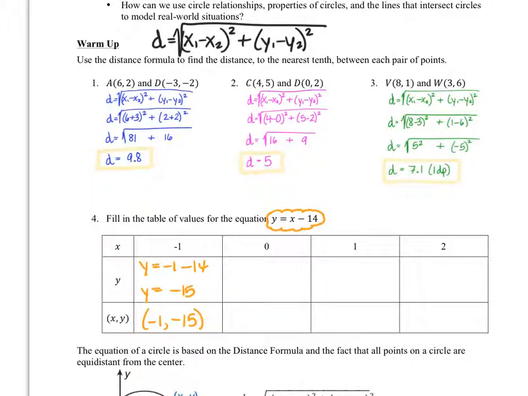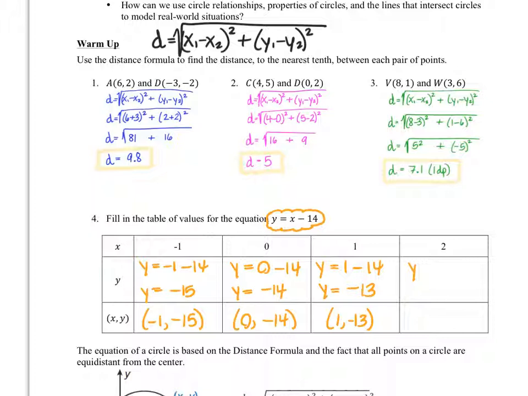I know you remember this from Algebra 1. We plug in now a 0 and get a y value of -14, and again we have an ordered pair, this time 0, -14. When we plug 1 in for x, we end up with a y of -13, and then we have an ordered pair of 1, -13.